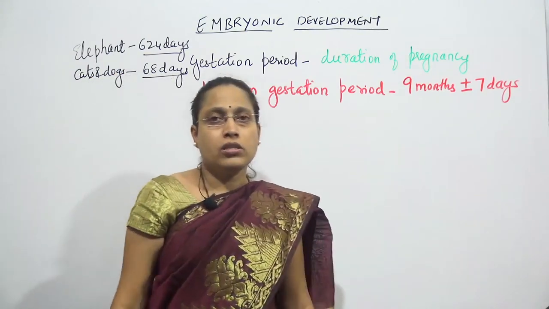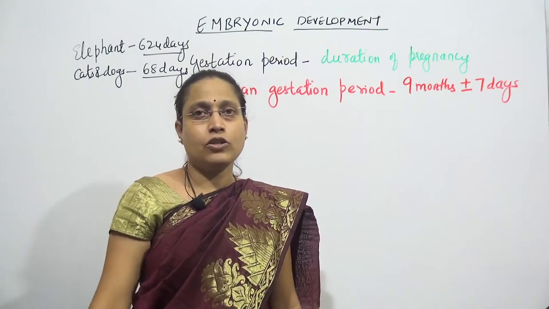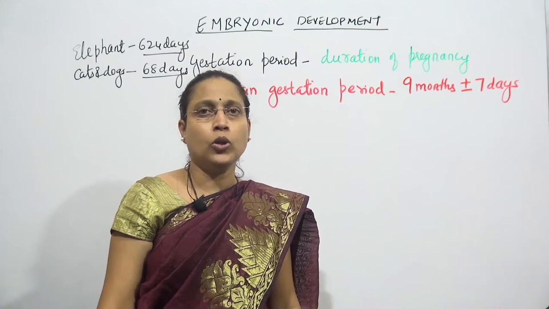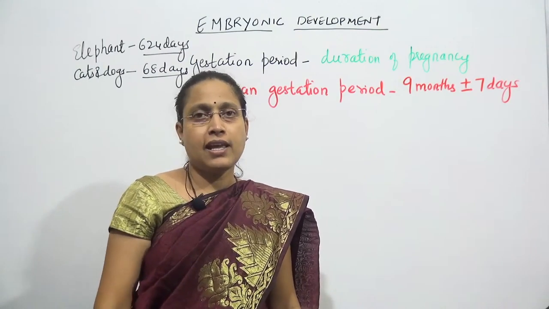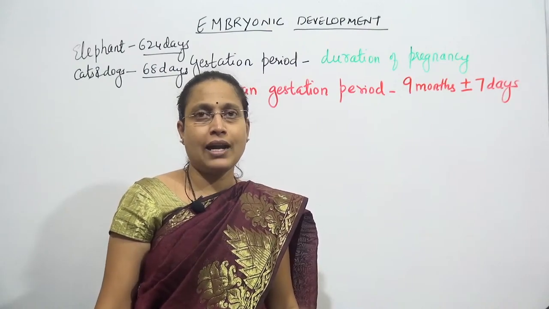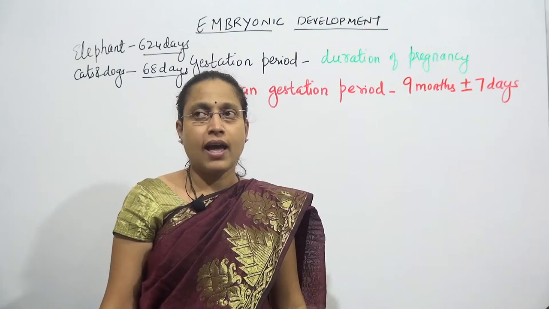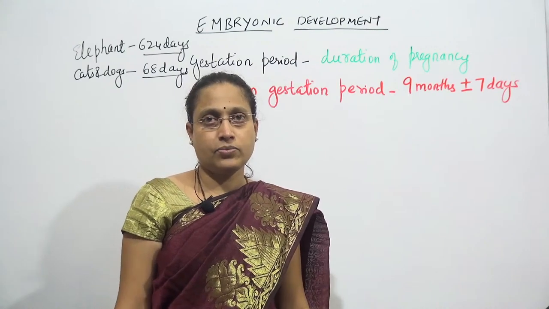Cats and dogs will have a gestation period of 58 to 68 days, which will amount to approximately 2 months. So around 58 days to 68 days, more or less the same, that is the gestation period of cat and dog. Whereas the highest gestation period will be that of elephant.